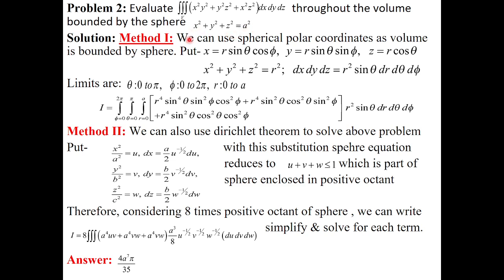So this will be x square by a square, y square by b square, z square by c square. So use substitutions for this. And by using substitution, that is x square by a square equals u, y square by b square equals v, and z square by c square equals w, you will get the values of dx, dy, dz also. Use this substitution everywhere. This is for one octant only, so that's why it is multiplied here by 8.